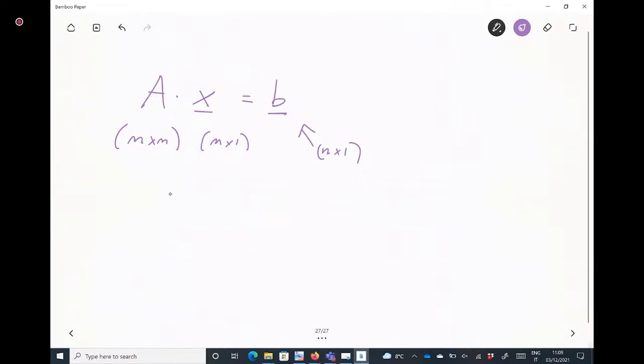We know that if and only if the determinant of matrix A is different from 0, if and only if this happens, then the system has a unique solution.